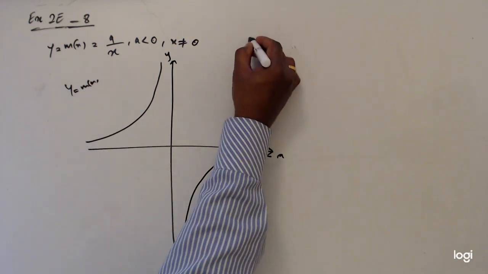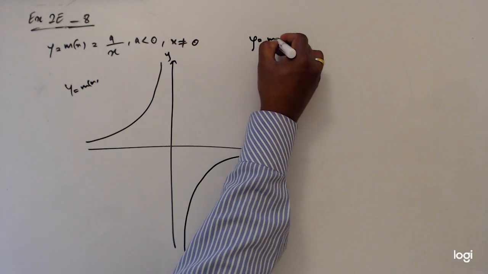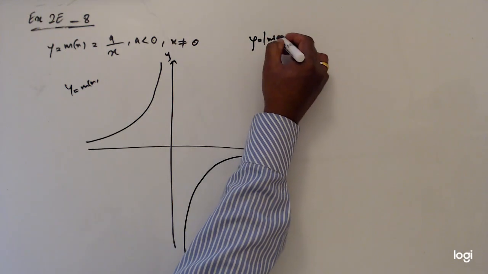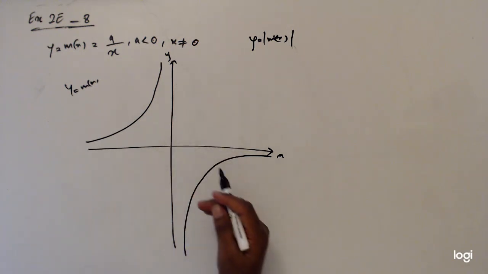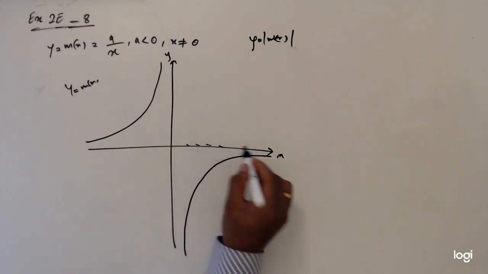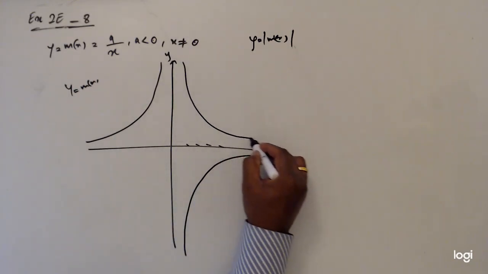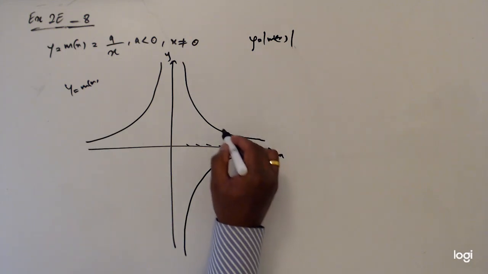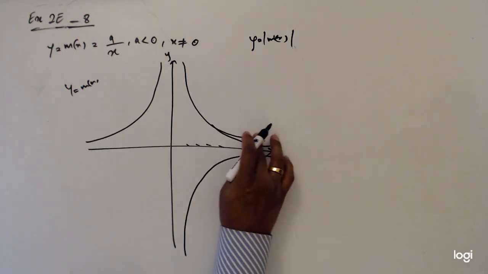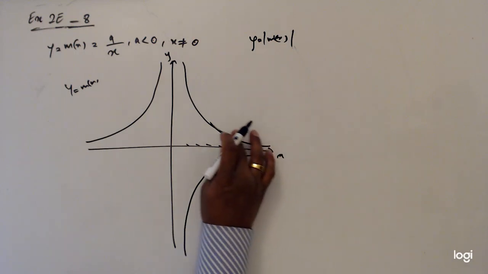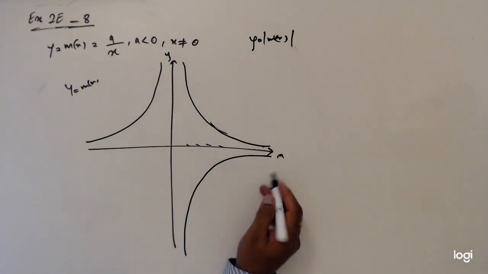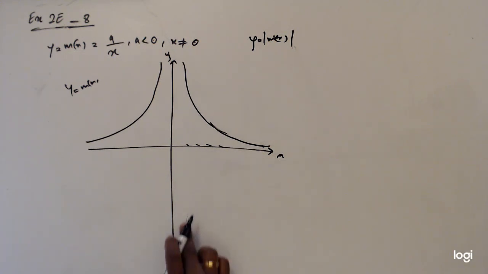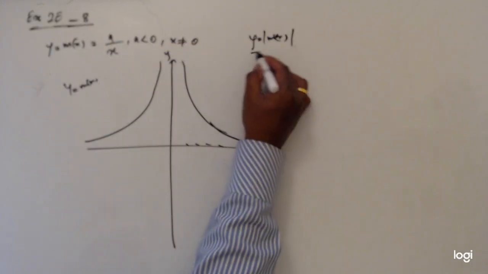Then we want to draw y equal mod mx. So we have to bring this part to up, keep in the mirror here. So it's going to be like this. So this is the mirror reflection of this part. So now this is y equal mod mx.